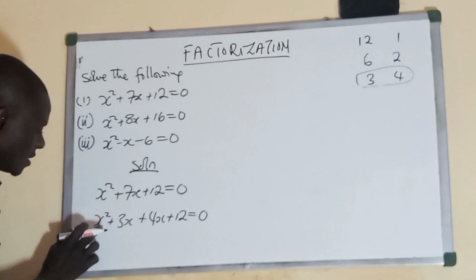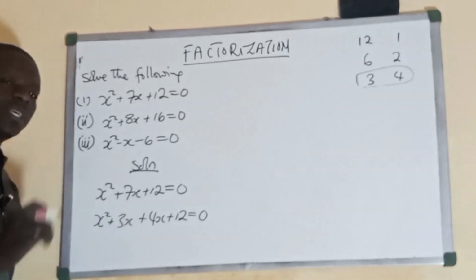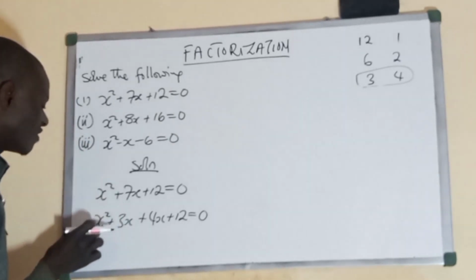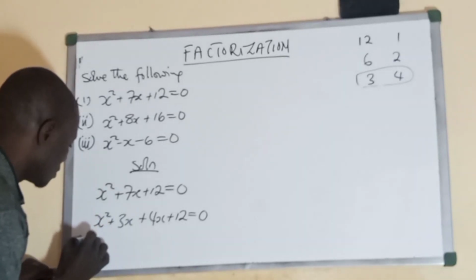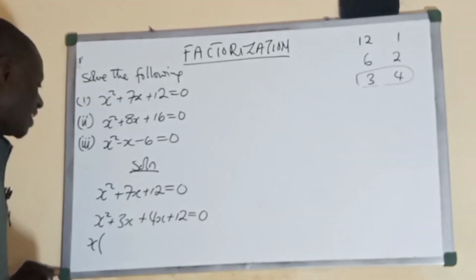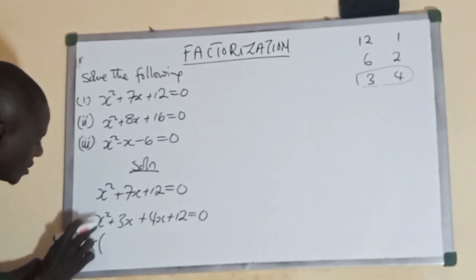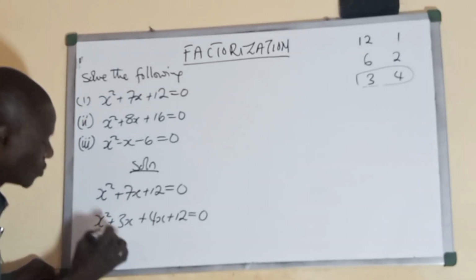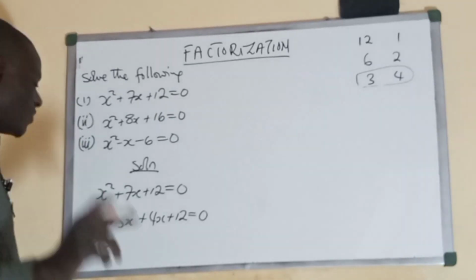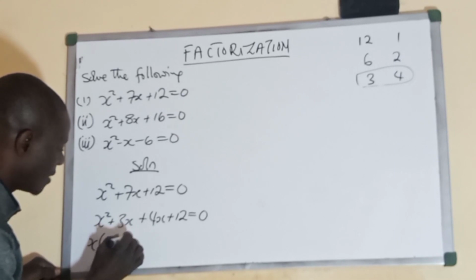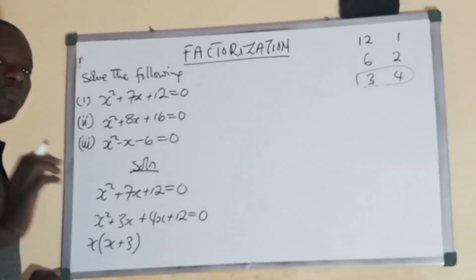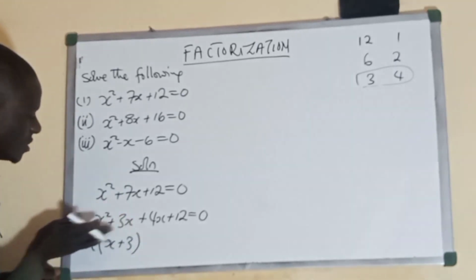To look at this one, we have x squared and we have 3x. We have to factor out the common factor here. The common factor we have is x. So we factor out x and open a bracket. x into x squared goes x times, and x into 3x goes 3 times. So we are now through with these two terms.